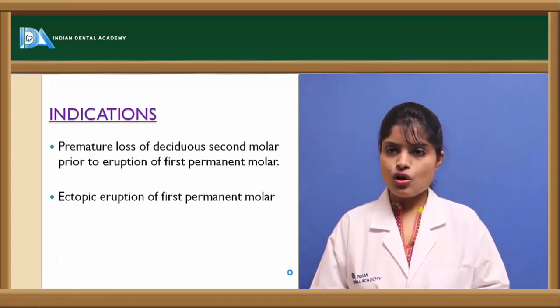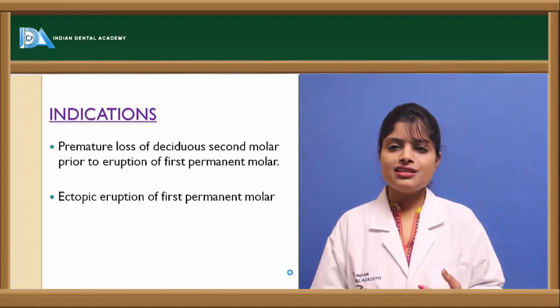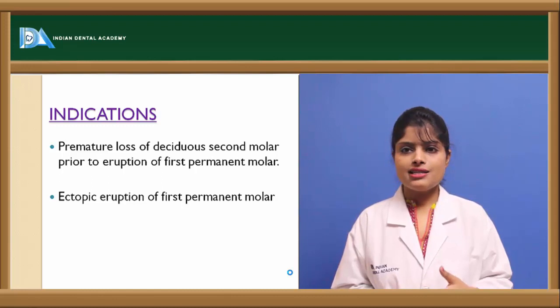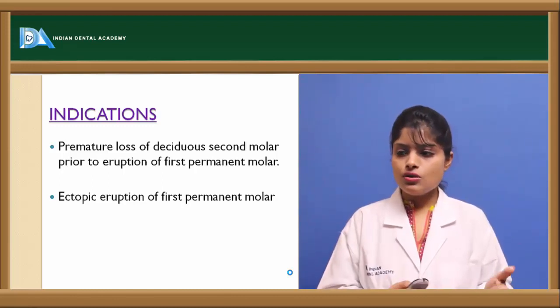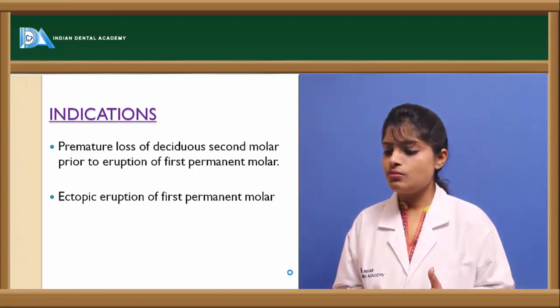The indications of the appliance are when there is premature loss of the second deciduous molar, prior to the eruption of the first permanent molar, as I have already told. It is also used in the case of ectopic eruption of the first permanent molar.